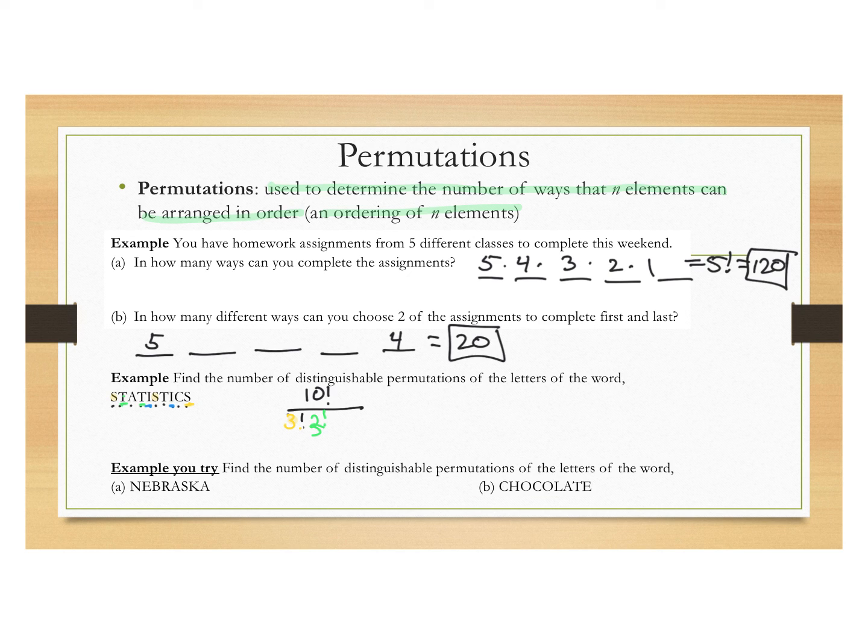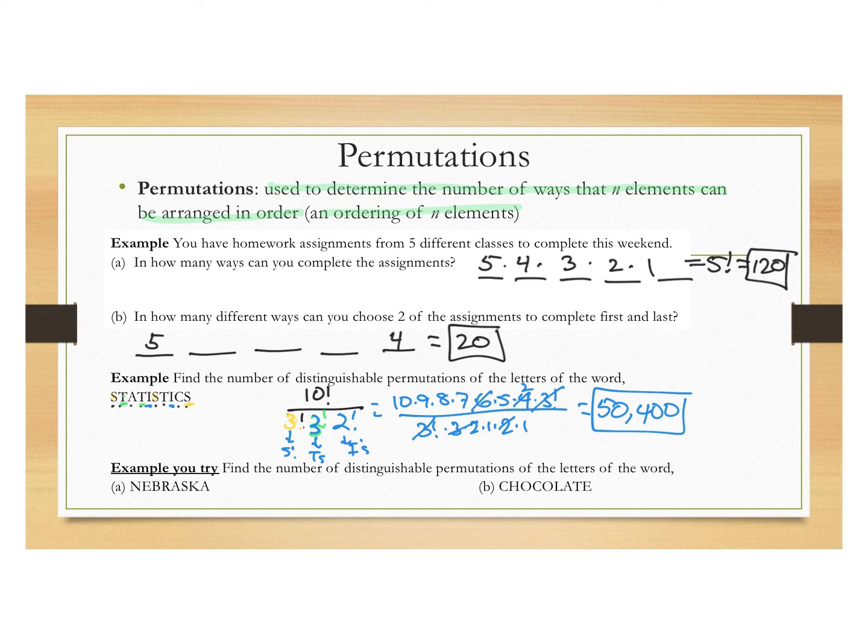Okay, and that is 2 factorial. So these are my number of I's, these are my number of T's, and these are my number of S's, and that's a 3, by the way. And when we type this in, we could expand it if we wanted to. And 3 factorials cancel. We know 3 times 2 is 6. 2 goes into 4 twice. And then when we multiply, we do get 50,400.